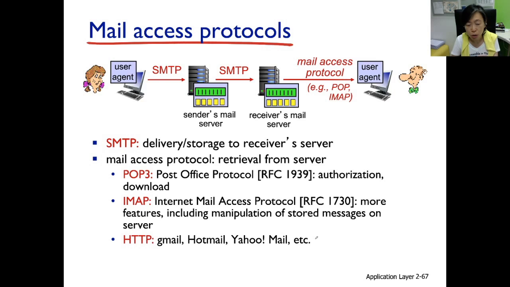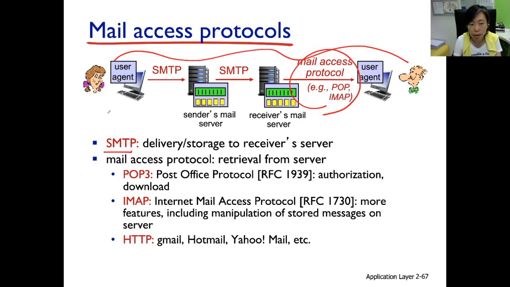And then we'll switch gear just a little bit and talk about the last part of the email application. We've talked about the flow of sending an email all the way from Alice to Bob, right? So the mail access protocol runs here, in this part of the entire flow.